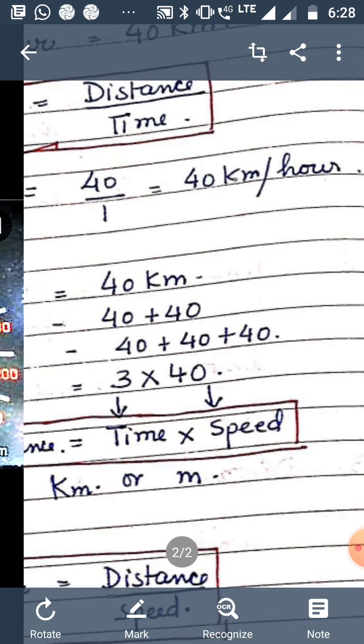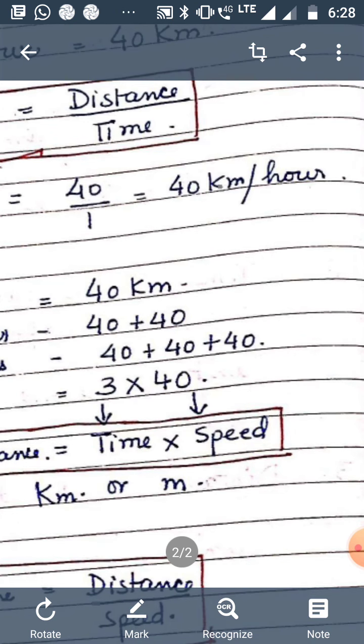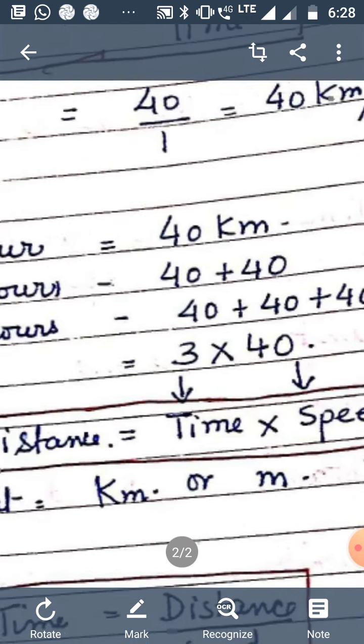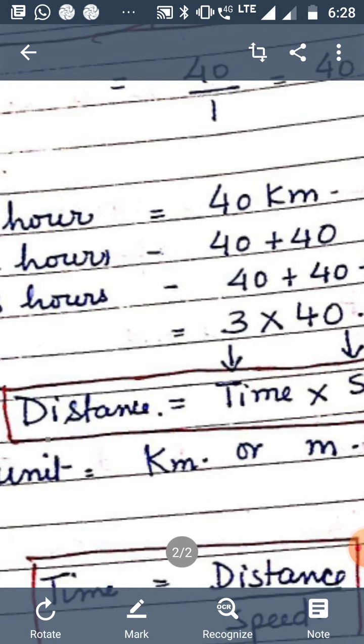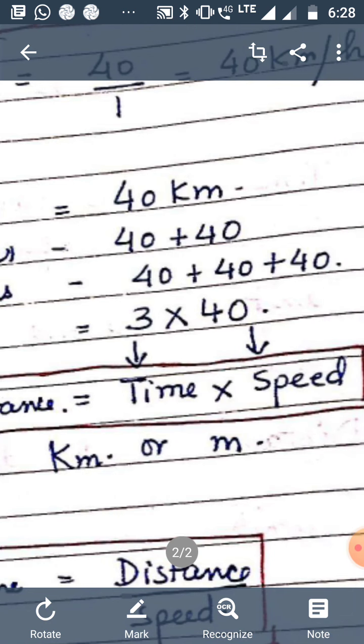If you observe this 40 plus 40 plus 40, this is a repeated addition, and this repeated addition can be written in multiplication form like 3 multiplied by 40. Here 3 is the time given in hours, and 40 is the speed given in kilometer per hour.